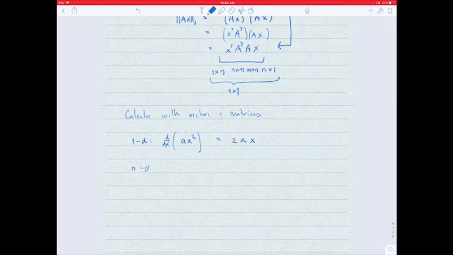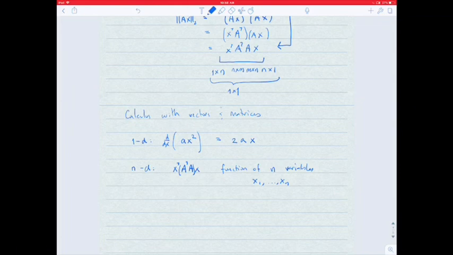In n dimensions, I may have the function, and this is very useful for what's called multiple regression, x transpose A transpose Ax. So this is just a vector times a matrix times a vector, exactly what we had above. And this is now a function of n variables, x1 all the way up to xn.